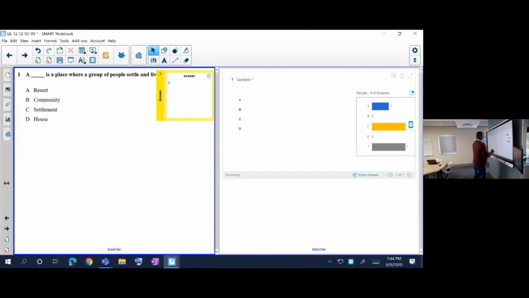I know that one of my learners chose a resort, where a place. So we need to go back to the definitions, learners. What is a resort? What is a community? What is a settlement? What is a house? So as a teacher, I can quickly intervene there to make sure that everybody is following. Okay, we are doing very well, learners. I think we can take a little bit of a more difficult question as we progress with our lesson.